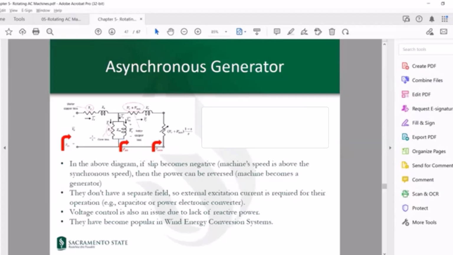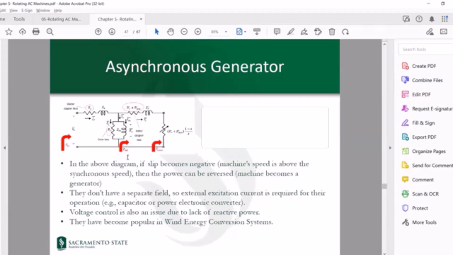But when you want to utilize this machine as a generator, the direction of power would be from the mechanical side towards the electric side. So you can see that there is no initial current inside here. There is no excitation existing in this machine to start its work as a generator.